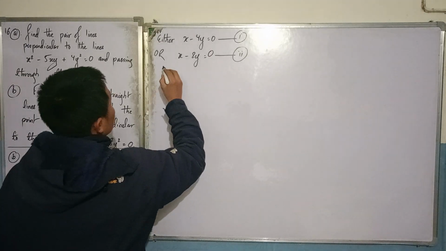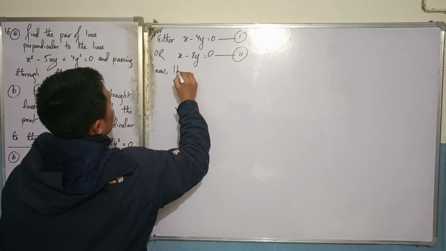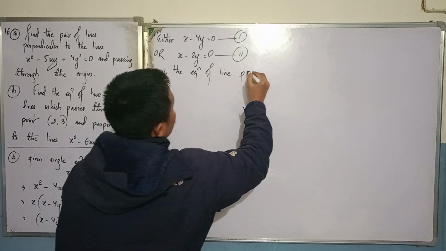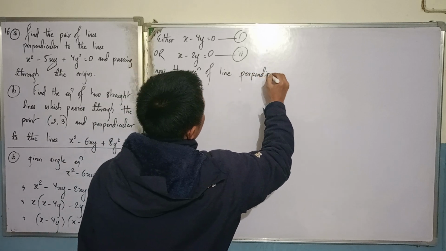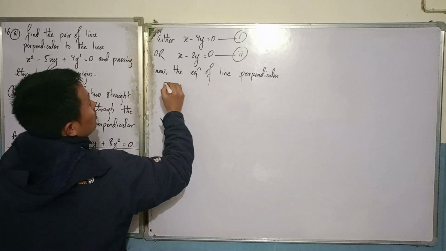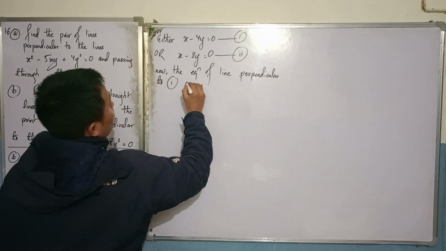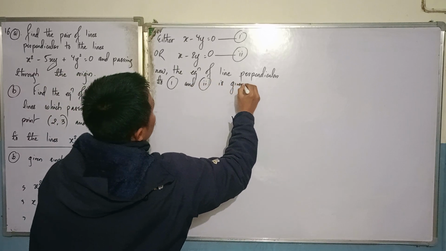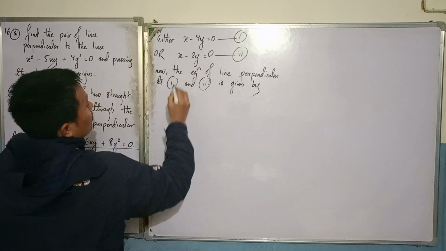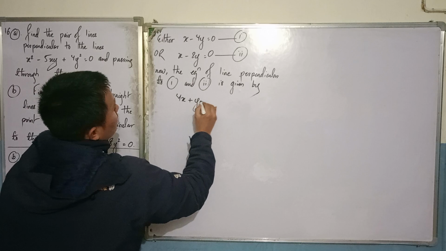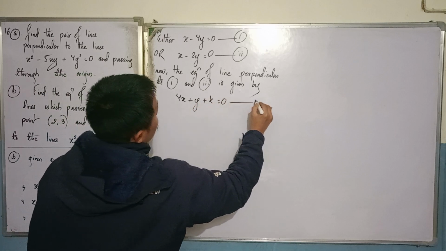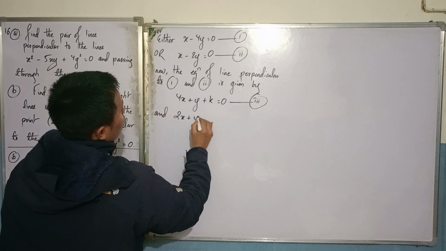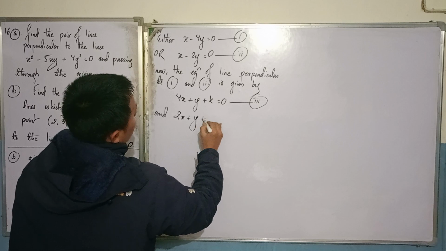Then the equation of lines perpendicular to I and II is given by 4x plus y plus k is equal to 0, and 2x plus y plus k is equal to 0.